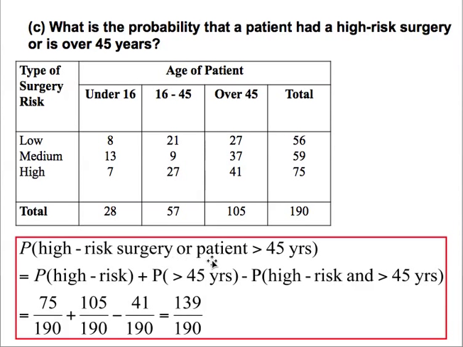Probability of high risk surgery or patient over 45 is the probability of a high risk plus the probability the patient is over 45 minus the probability the patient has a high risk surgery and is over 45 years. Okay, this works out to be 139 over 190. Notice the denominator is the same throughout. In the addition rule, the denominator is going to be the same for each of these three terms. Okay.